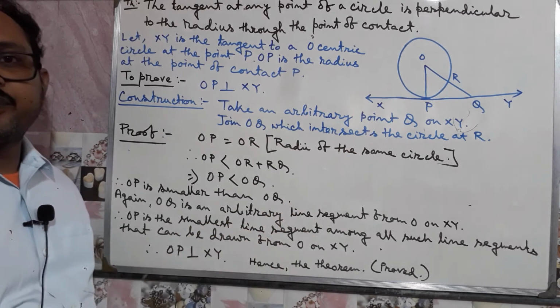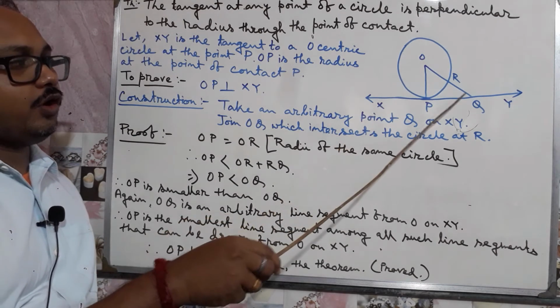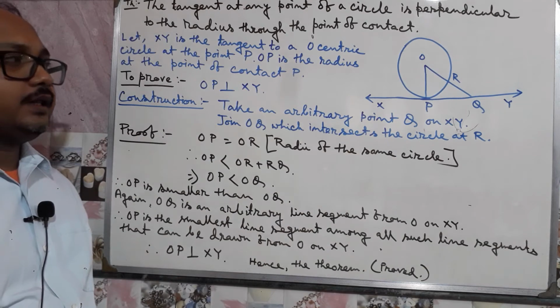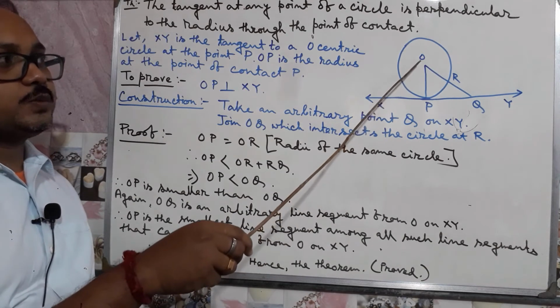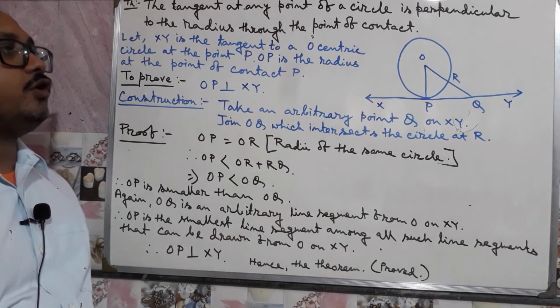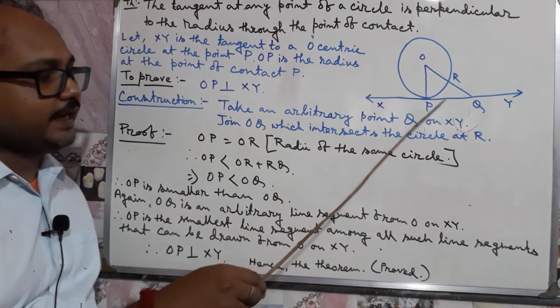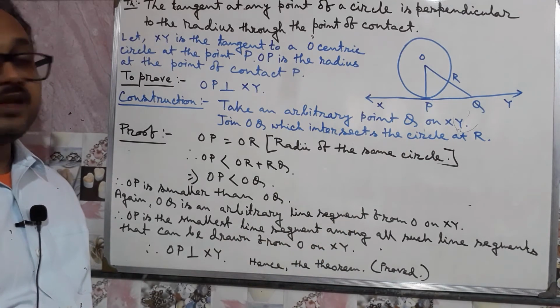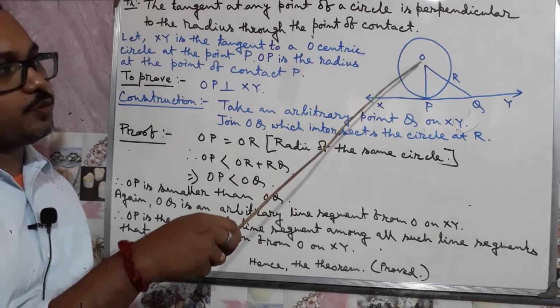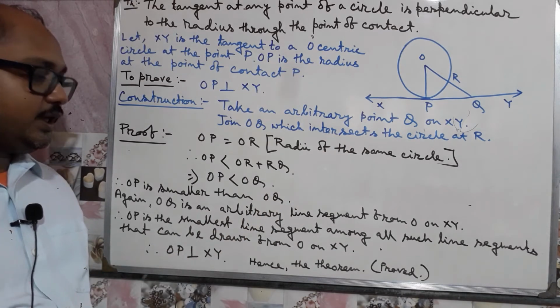OQ was an arbitrary line segment drawn from the point O on XY. That means OP is the smallest among all such lines that can be drawn from the center O to the line XY. As OP is the smallest, OP is perpendicular to XY. Hence, the theorem is proved.